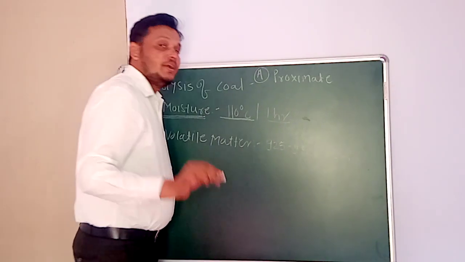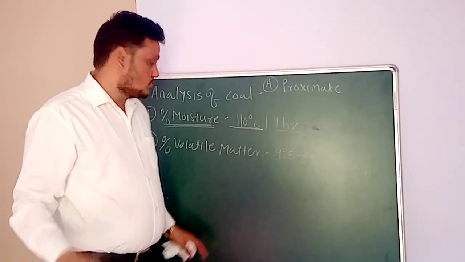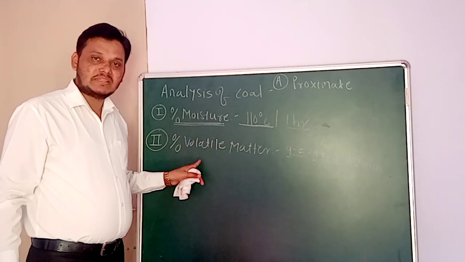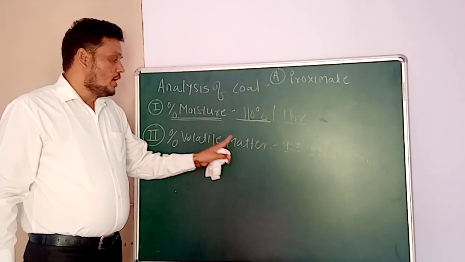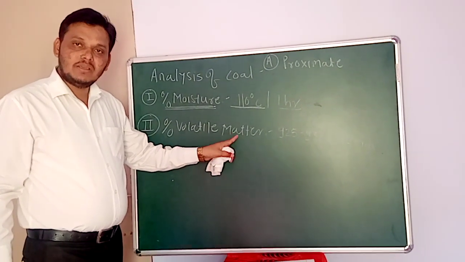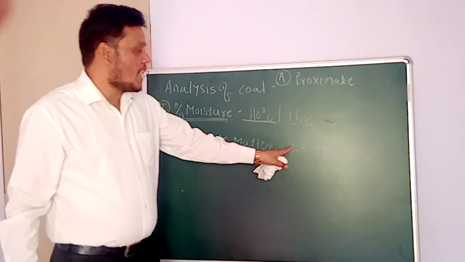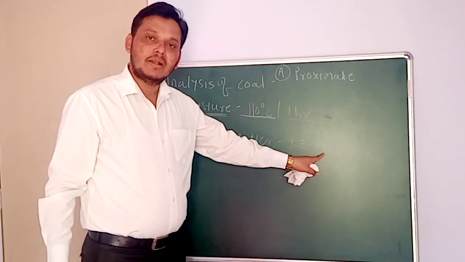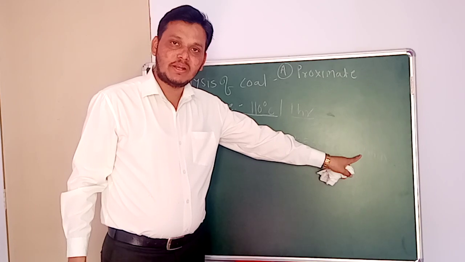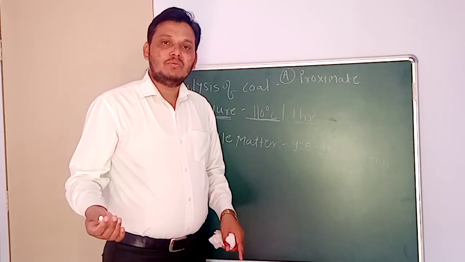Then loss in weight is determined. So this is the way to calculate the percentage of volatile matter present in the coal sample.